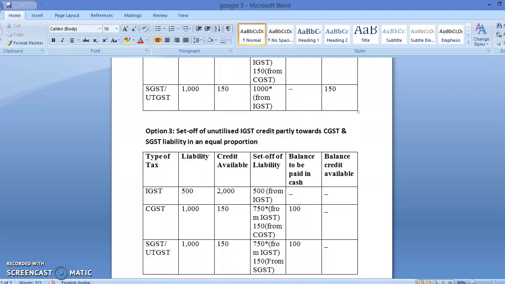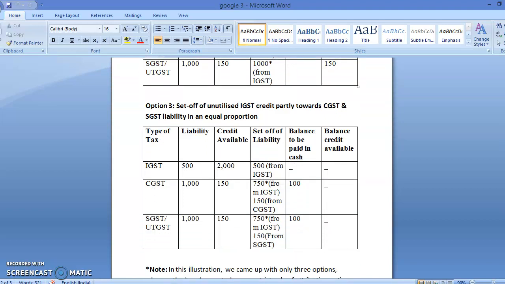Let us see the third option, how we can utilize this IGST credit available towards CGST as well as SGST in equal proportion. IGST liability to be paid is 500, but credit available is 2000.